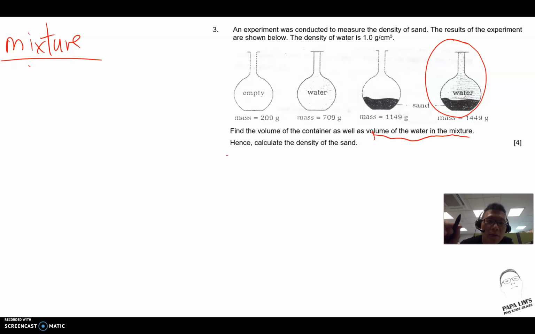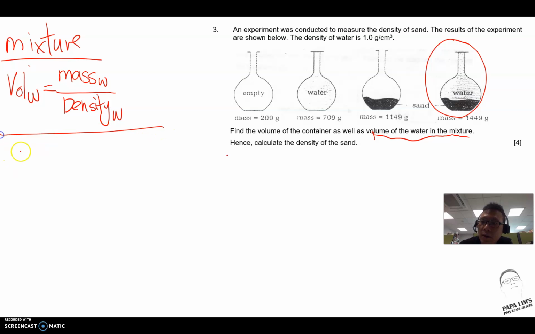If I want the volume of water in the mixture, the things we need are the mass of water divided by the density of water. So we will need these two pieces of information first. Let's see how we can find the mass of water first.